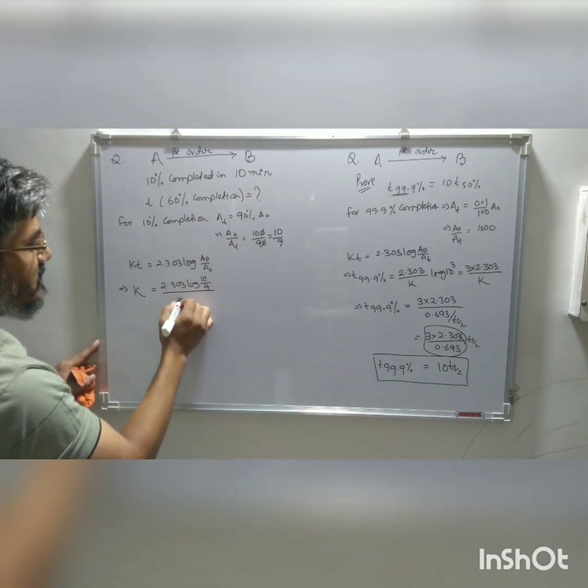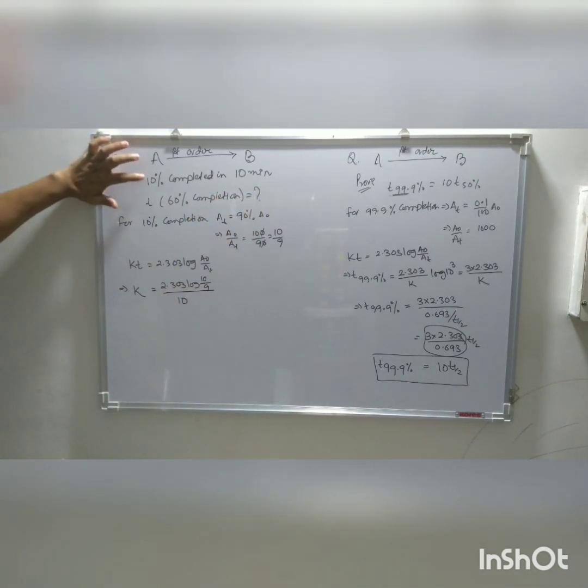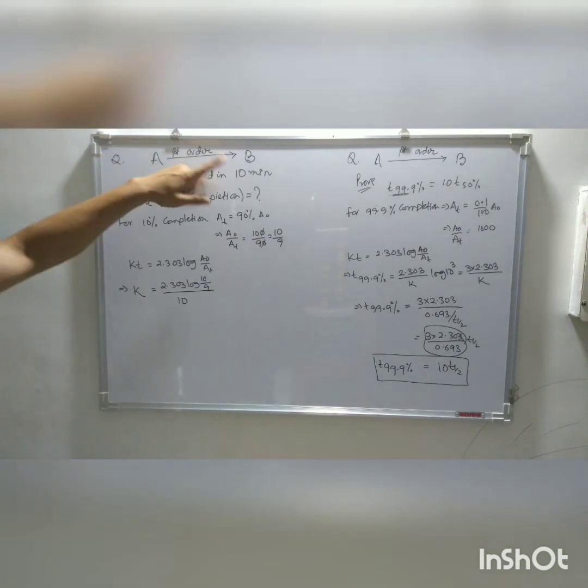Time is 10 minutes. So this is the value of k from this 10% completion that is taking place in 10 minutes.